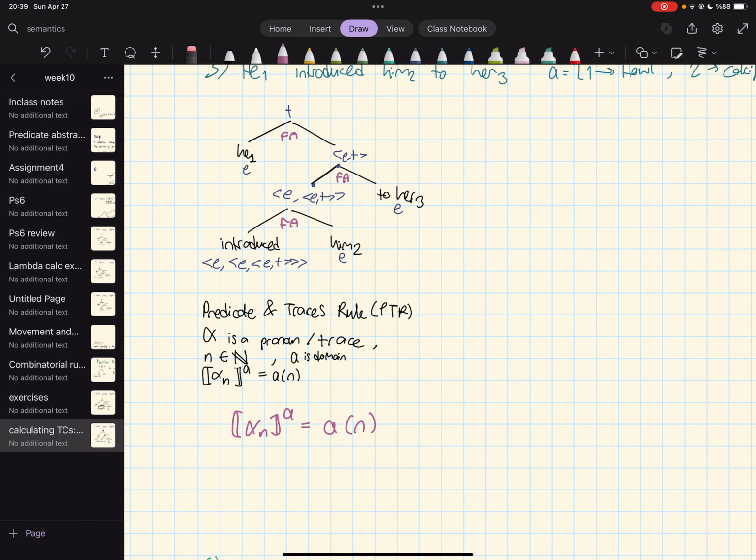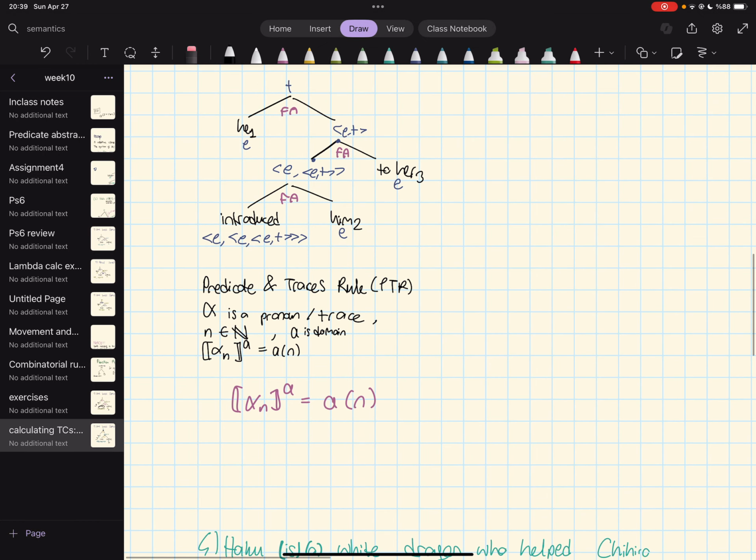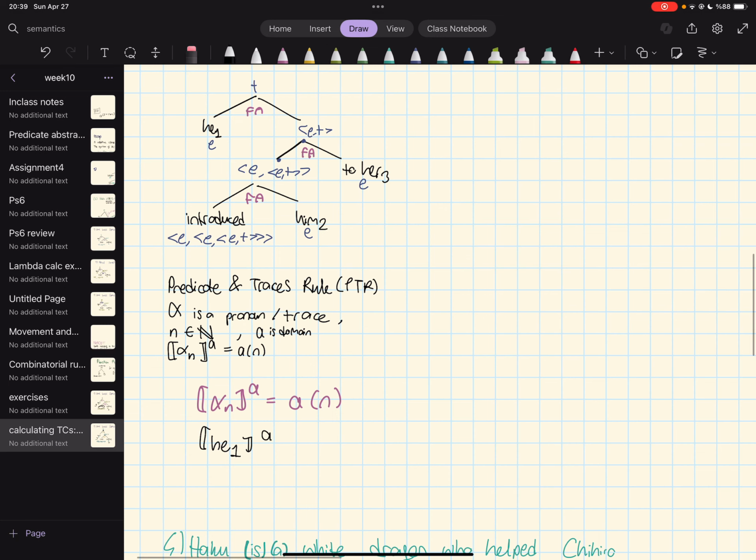So for example, if I wanted to calculate the meaning of he one, alpha refers to the pronoun, n refers to the index, which in this case is 1, in the notation brackets, with the assignment function A written in superscript because domains are written in superscripts.